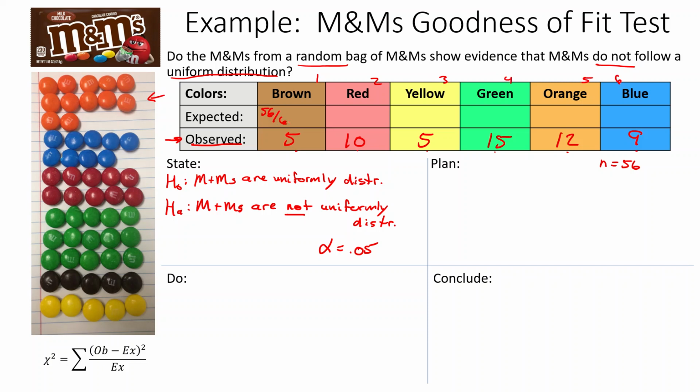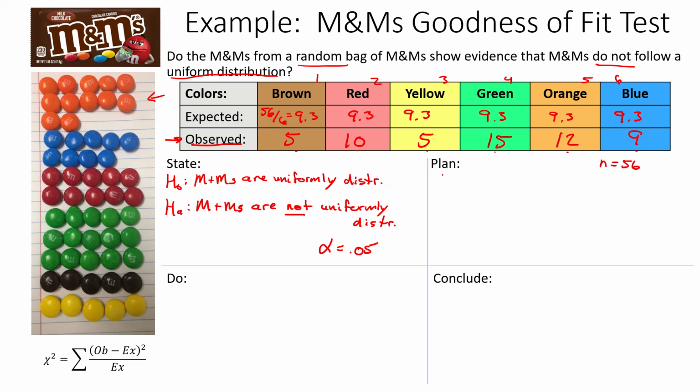So 56 divided by 6, which is about 9.3. That's going to be the same for each one of them. We would expect 9.3 of each of these colors. I know you're probably thinking, how do we get 0.3 of an M&M? Doesn't matter.